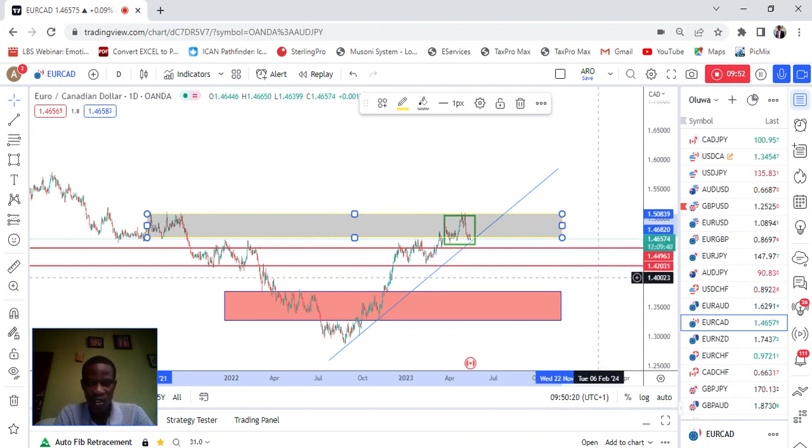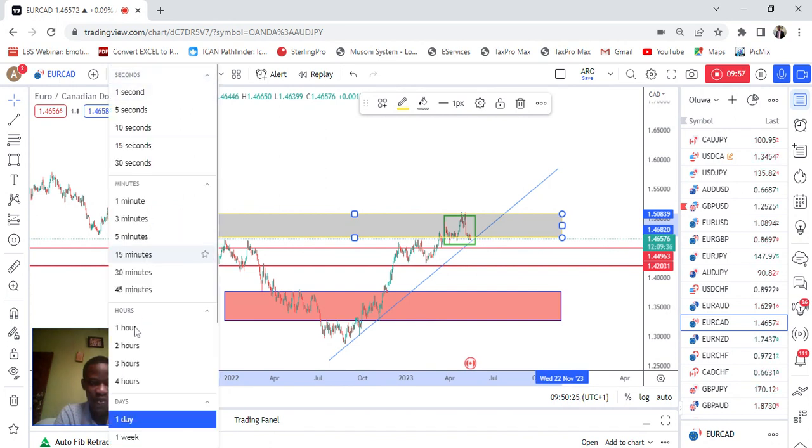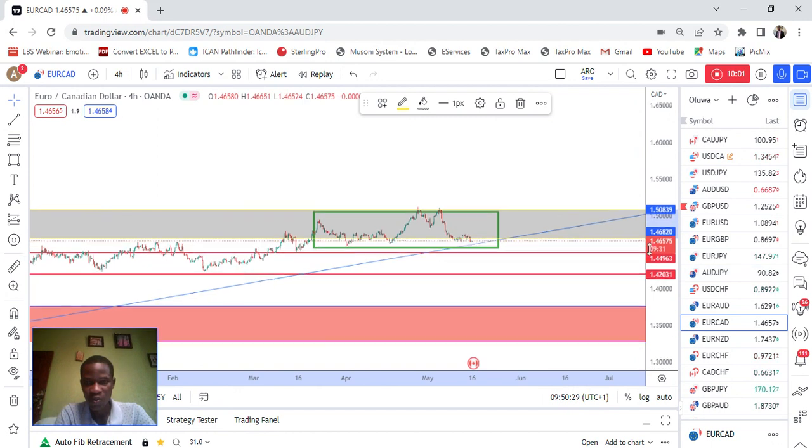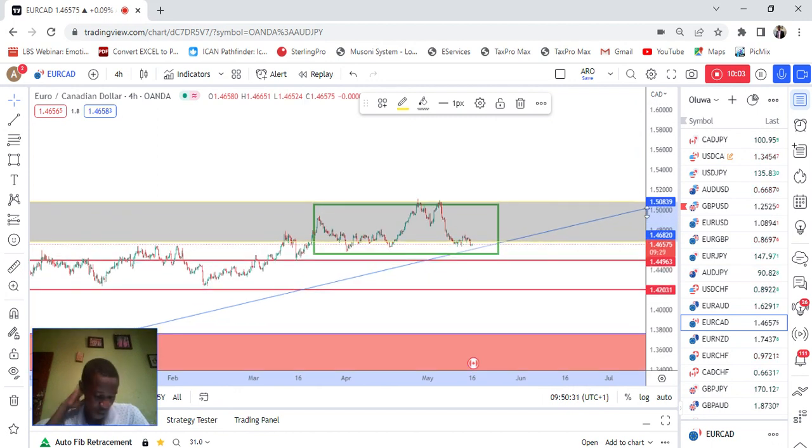So presently, this on the 4 hour time frame is an example of a range. The price is just moving within high and low, high and low. So the market will be moving up and down.